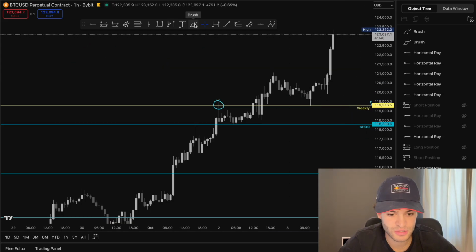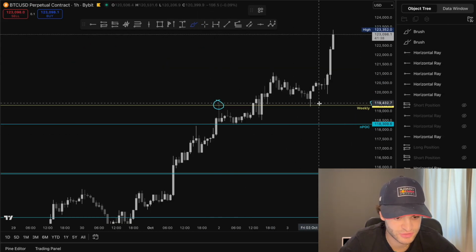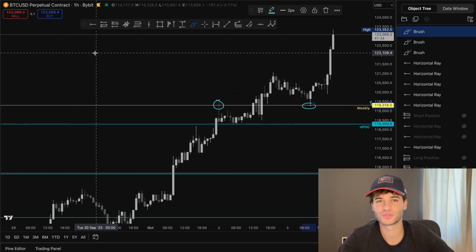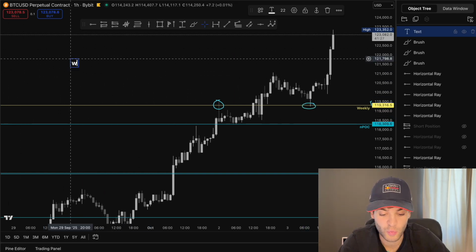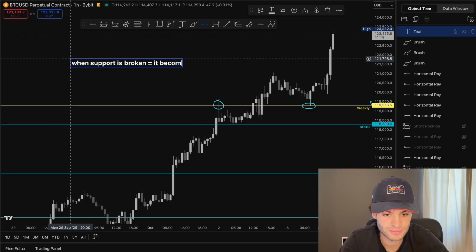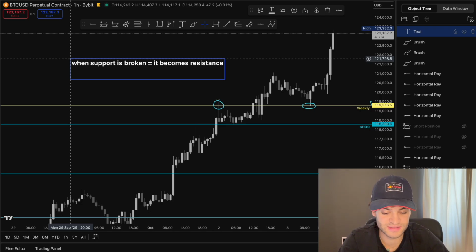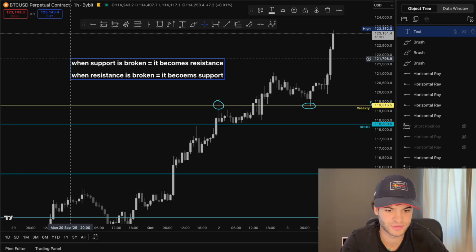Anyways, as I was saying, you can see how well respected these levels are. And the important thing to remember is that when support is broken, it becomes resistance. And same thing for resistance. When resistance is broken, it becomes support.